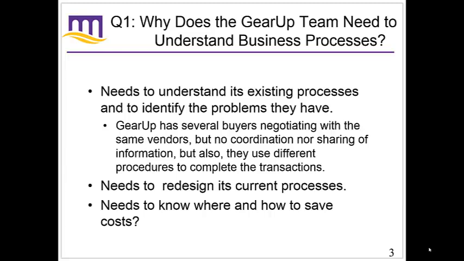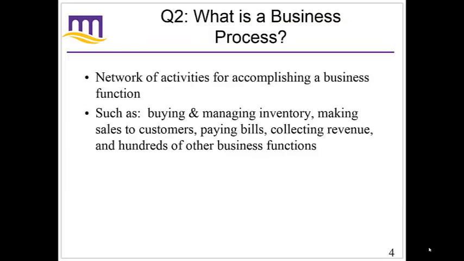So you have to look at procurement and sales processes and how they show which information can help GearUp to record problems and better negotiate or avoid its problematic vendors. So what exactly is a business process? All right.